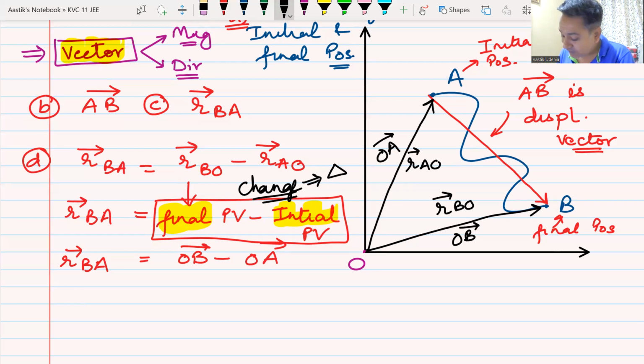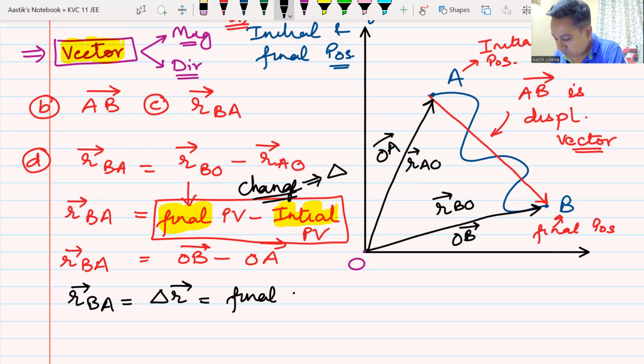So now I can write this like this. Position vector of B with respect to A is nothing but delta R vector. Delta R means change. Delta means change. R means position. Arrow means vector. So it means change in position vector, which is final position vector minus initial position vector.